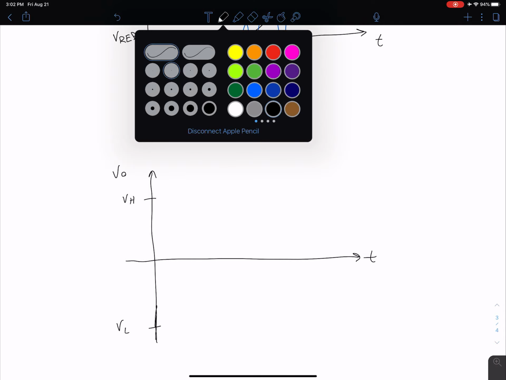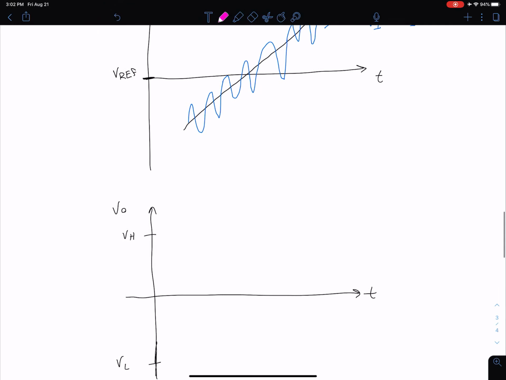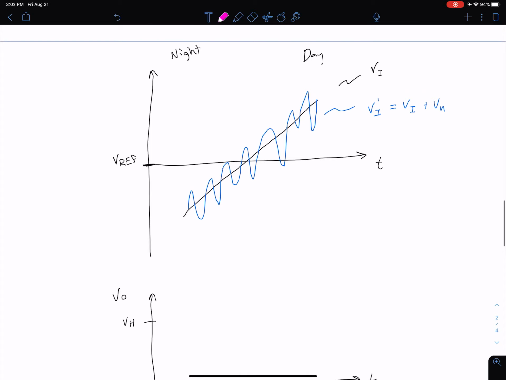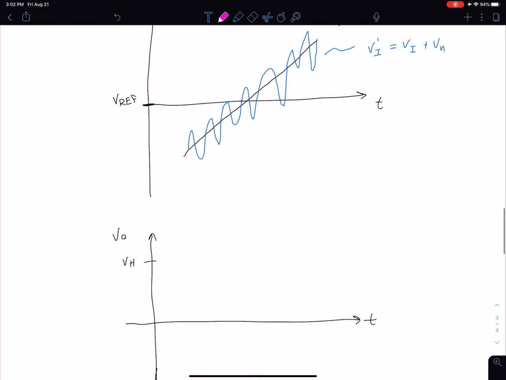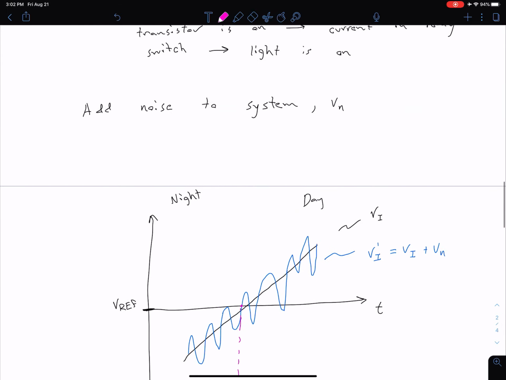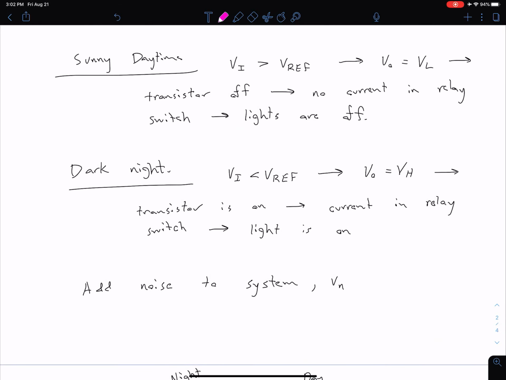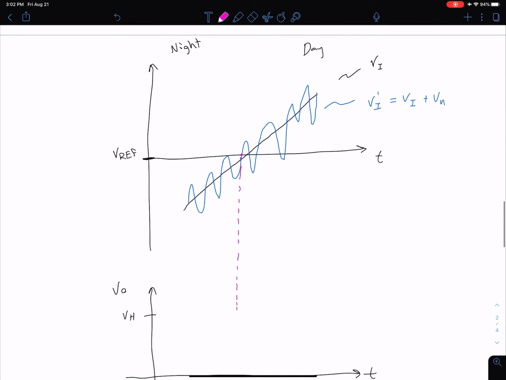So let's draw down to here. We see that we're not exceeding that Vref until this point right here. So at this time, we are above Vref. So when we transition above Vref, we are going from high to low with our output voltage.